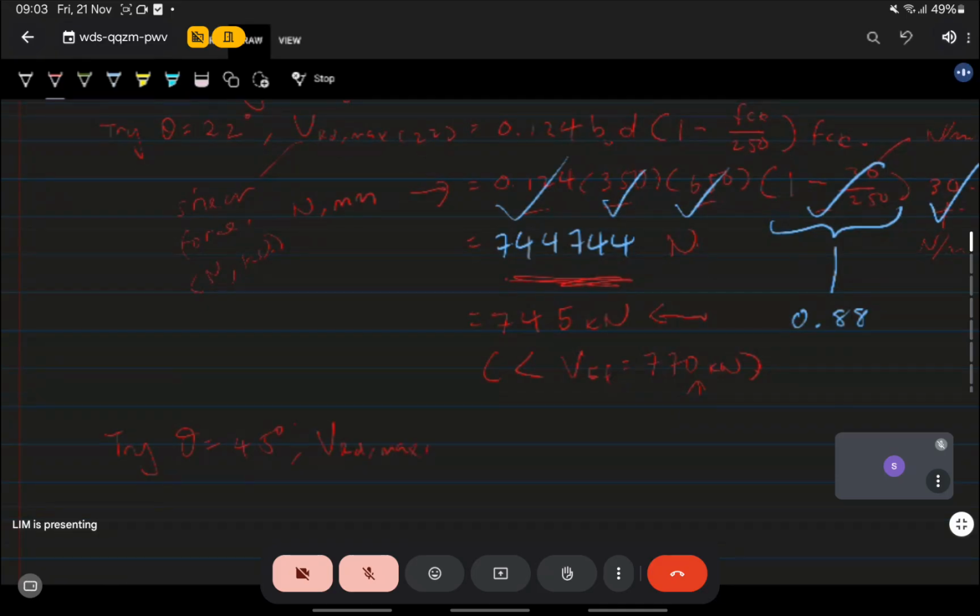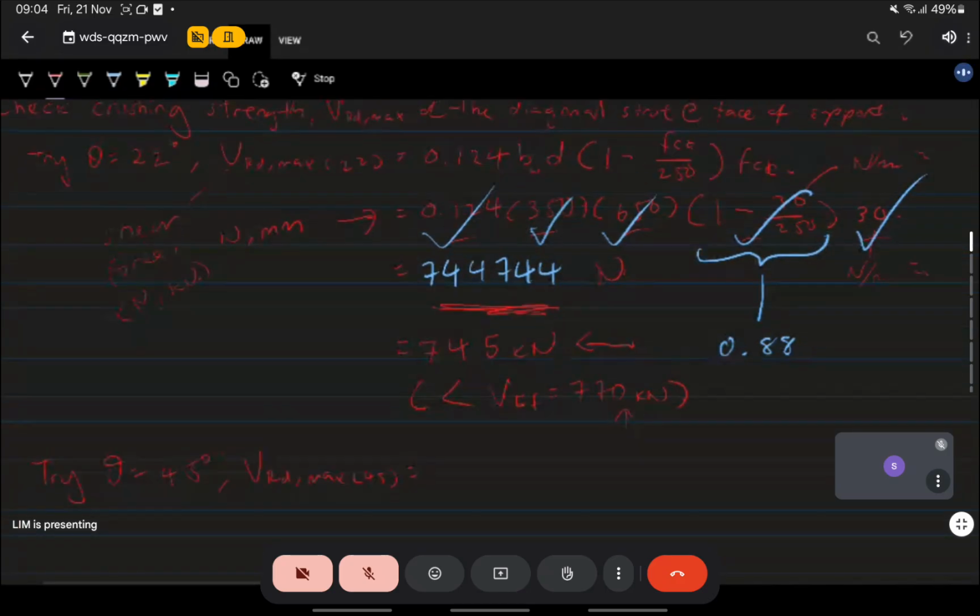So what I did is I tried the smallest angle, and then I tried the biggest angle, and then I get the two different strengths.